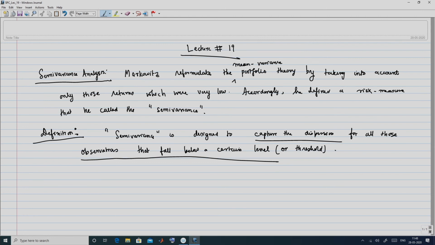So, earlier when we were talking about the mean variance framework, what we looked at is the dispersion about the mean on either side. So, that means those dispersion which are higher valued than the mean and those which are below the mean or the expected return, and accordingly we had defined the risk measure to be the variance which was an indicator of dispersion of all the values.